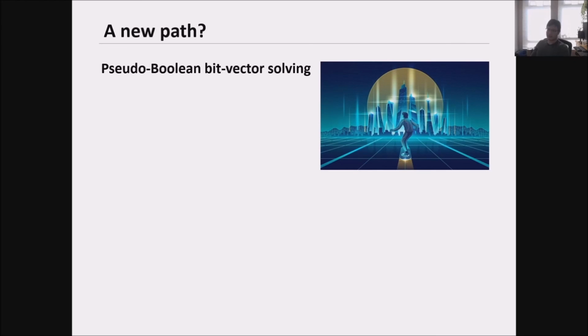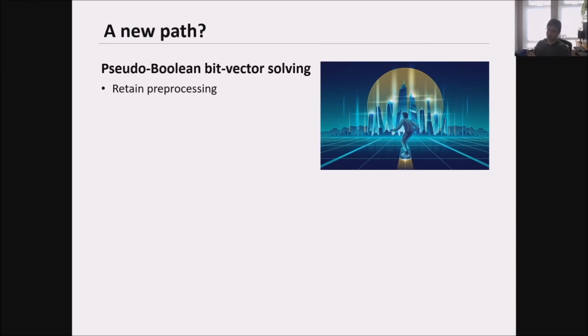So throughout this talk, we've used this lens of proof complexity to outline a different approach to verifying nonlinear arithmetic. In particular, we've argued for taking a pseudo-Boolean approach to bit vector solving. While the small proofs that we constructed, along with our initial experiments, uncovered some of the potential of these solvers, it remains to be seen what happens if we really incorporate these ideas into an actual full-scale bit vector solver.